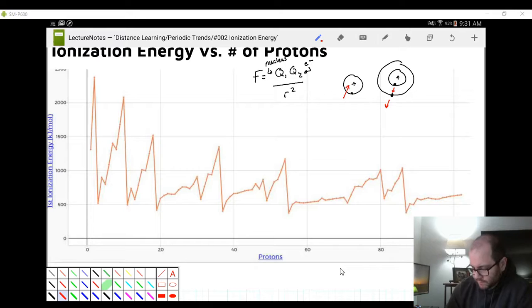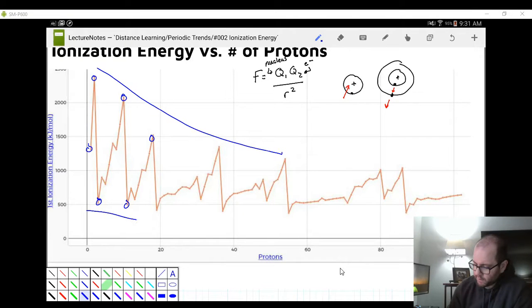So if we look at what's happening in the graph, we see that we have this repeating pattern where we start low and end high, start low and end high. But overall, it goes down, right, in both cases. In between, there are the increases.